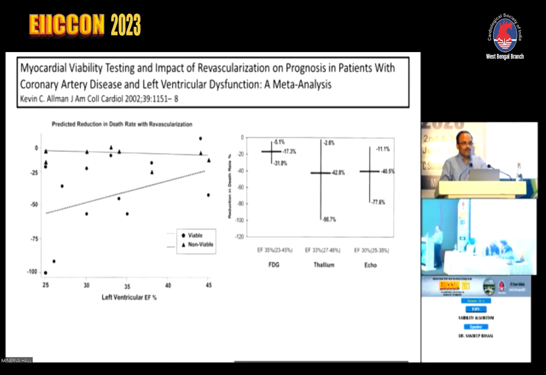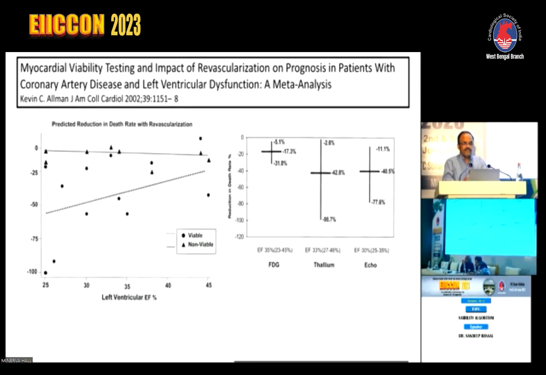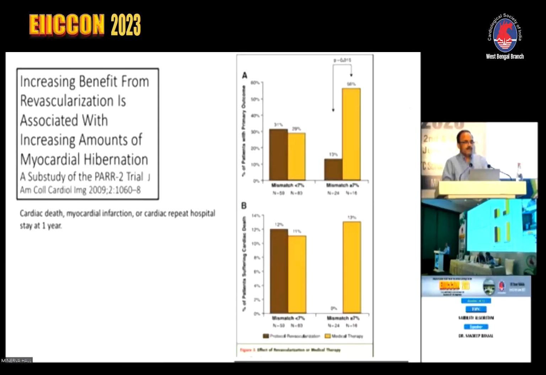What we find is that for thallium and TSC, there is a very wide scatter. We can see the vertical bars are very big. But for FDG, the vertical bar is very small, which means that the results are more consistent and more accurate. So that continues to be the method of choice.